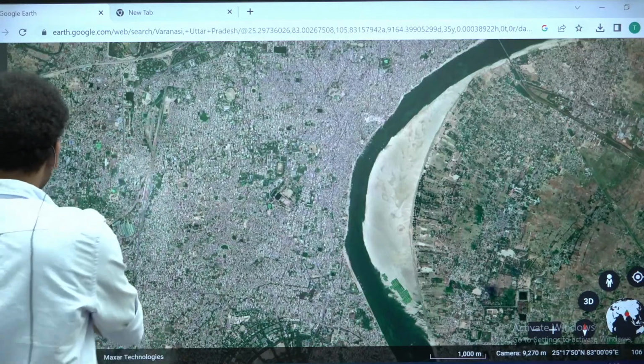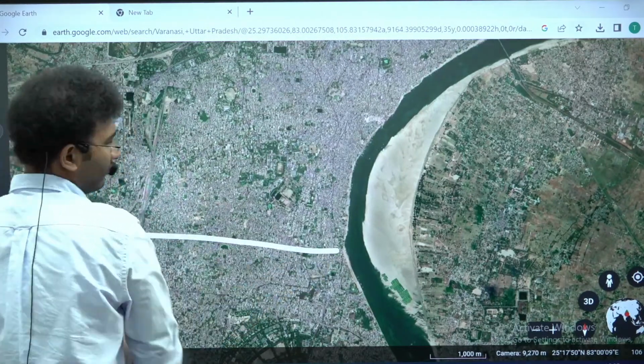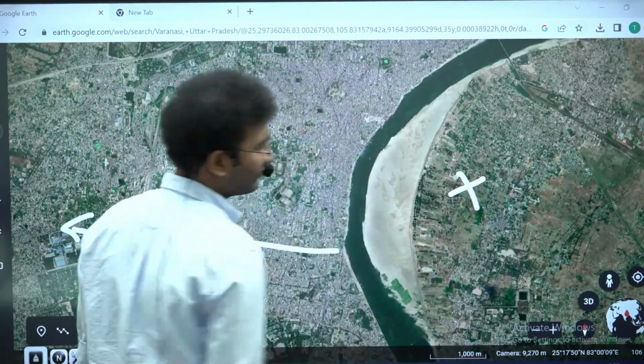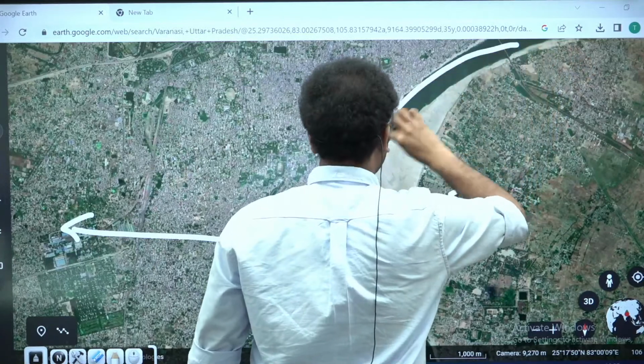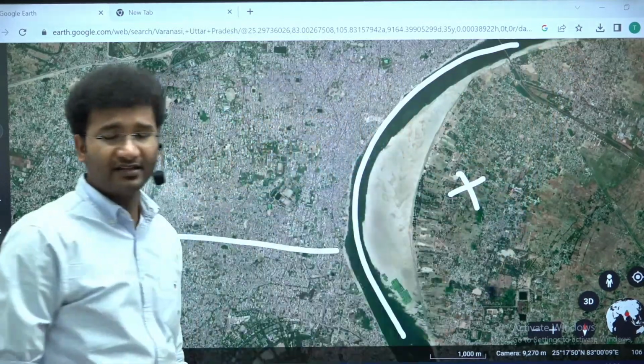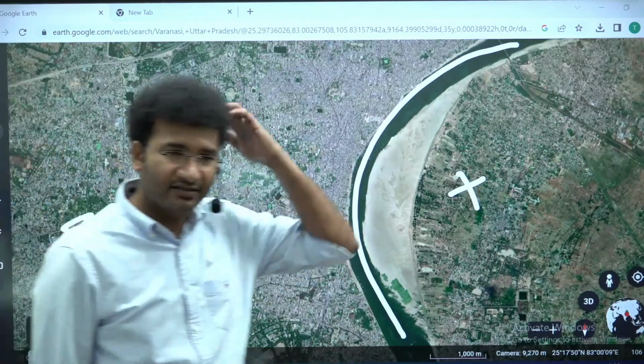Why is all the population settling only on this side? Why is the population absent on this side? This is Varanasi. Why? Because a river is deciding the settlement pattern also. Okay? It's like this.